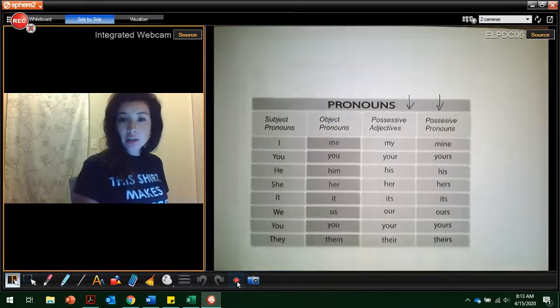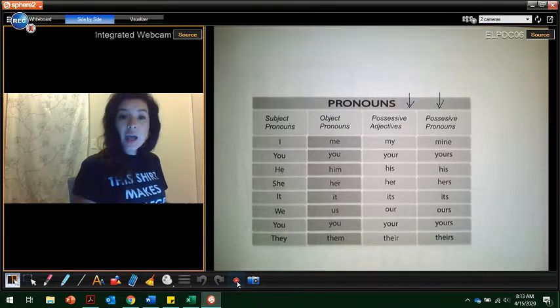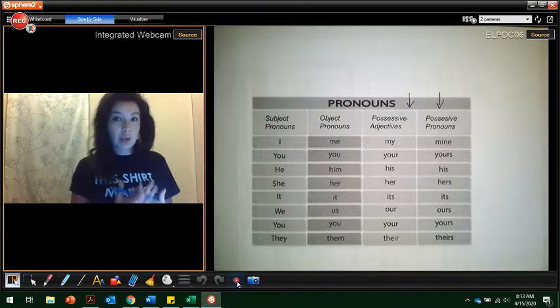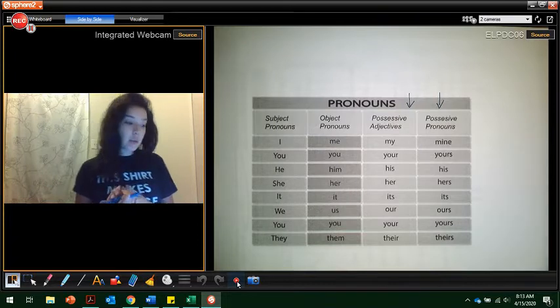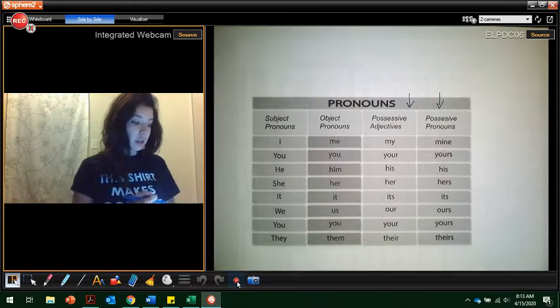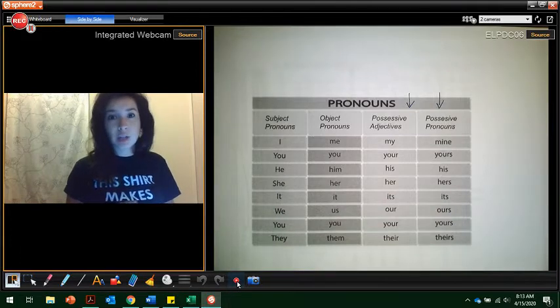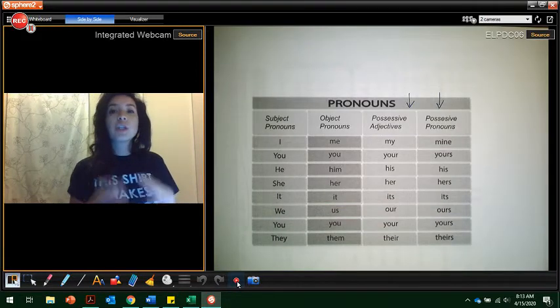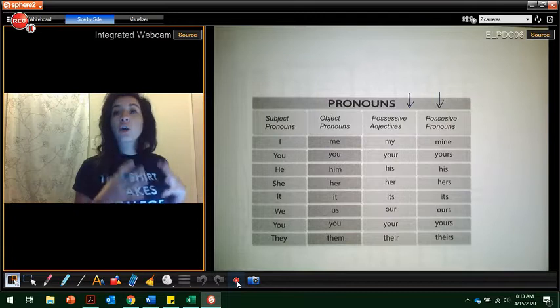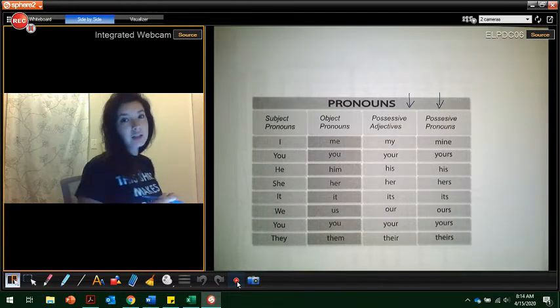Now remember, you have your handy dandy anchor chart online that you can look at, and it has all of the pronouns we'll be using today. So now we're combining both our subject-object pronouns but also our possessive pronouns. So we can be using different types of pronouns today. We're just making sure they are correctly replacing the noun that's in the sentence.